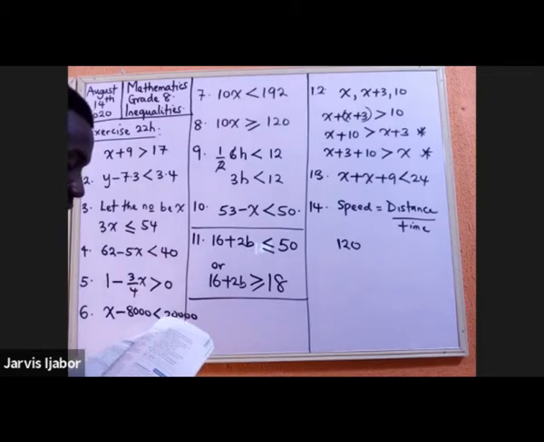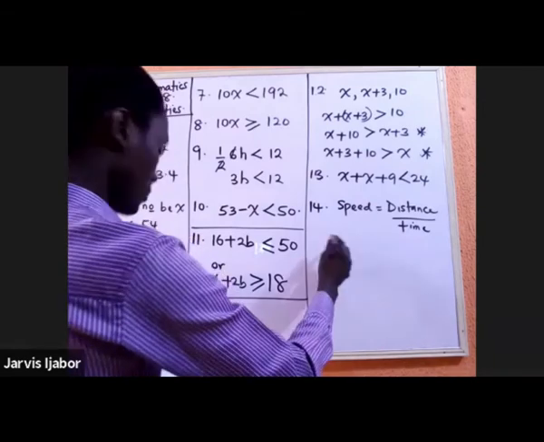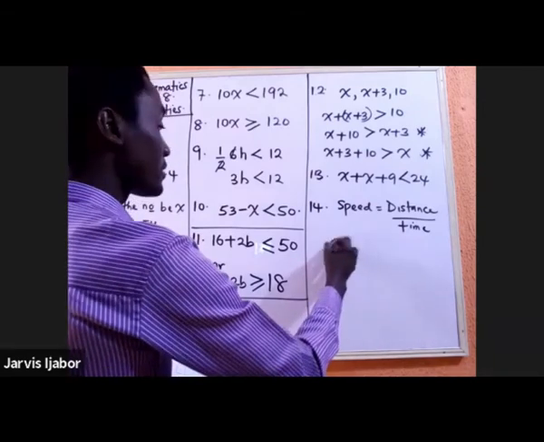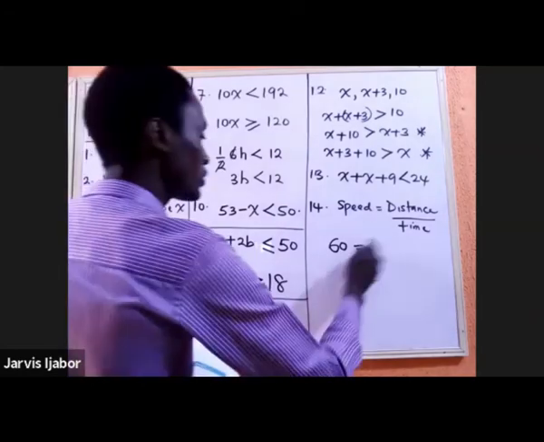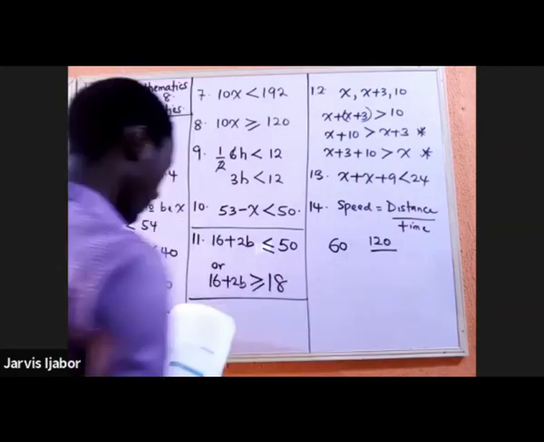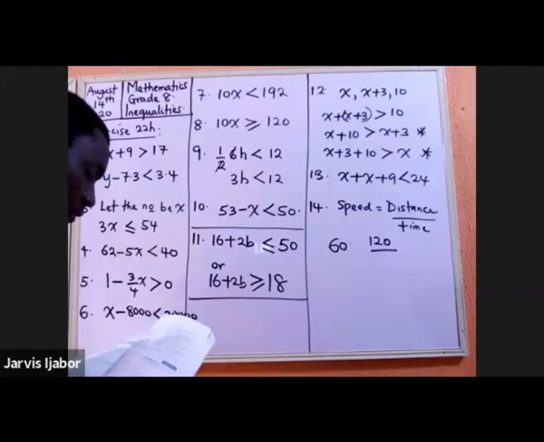All right, okay, beautiful. So if he covers 60 kilometers per hour, it will be equal to the distance, that will be 120 divided by, what is this?